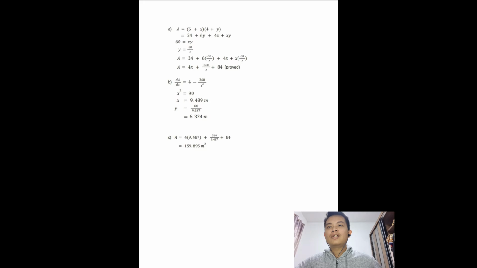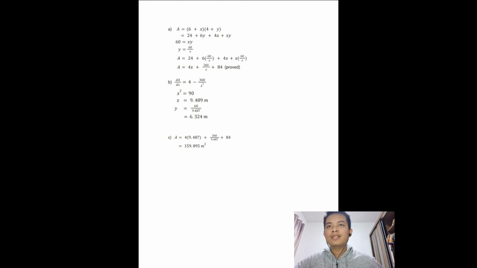So I take the area for the flower border. I got (6 plus x) times (4 plus y). So my final answer is 24 plus 6y plus 4x plus xy. And finally, we have 60 meters square for the fish pond area.